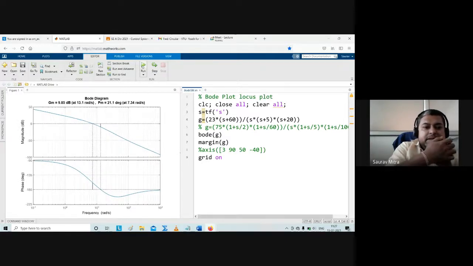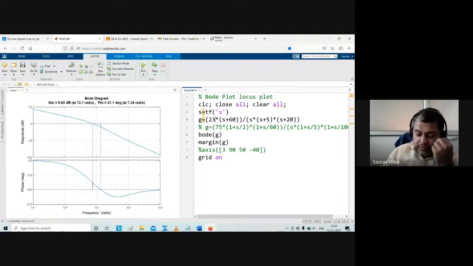Can anybody tell me whether the system is stable or unstable? I have made the constant 23. Now the constant is 23, which means 23 into 60 divided by 100, that is 13.8.